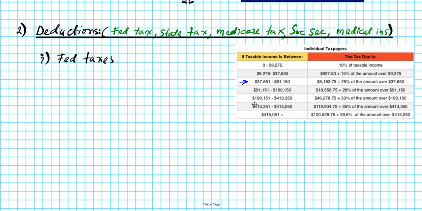So how much is she going to pay? She's going to pay $5,183.75 plus 25% of whatever she earns over 37,650. Okay? So let's go ahead and indicate what our computations are going to be.